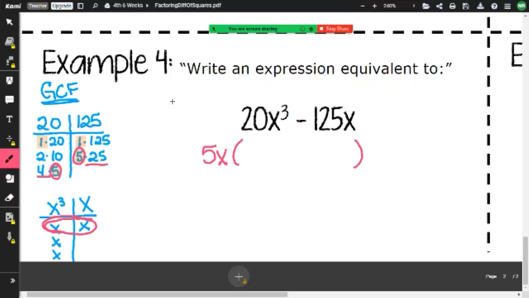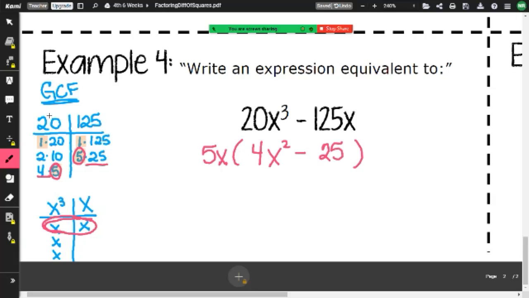So what will be on the outside of my parentheses here? 5x. Okay. Let's see what we have left over so we can do difference of squares. I circled the 5. What did I leave? 4x squared, because notice, everybody see these 2 uncircled x's? That makes it x squared. Bring the sign down, heads up, circle the 5, and what do we leave? 25.